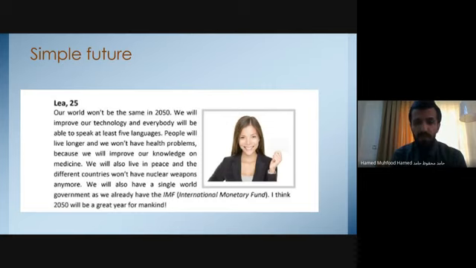We will also live in peace and the different countries won't have nuclear weapons anymore. We will also have a single world government as we already have the IMF, which is the International Monetary Fund. I think 2050 will be a great year for mankind.